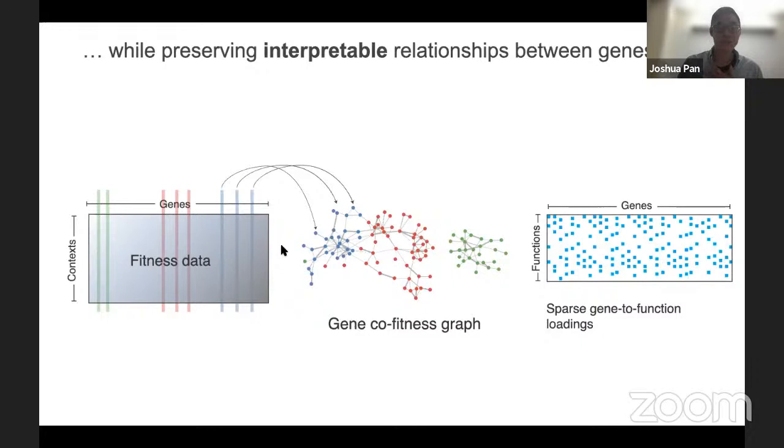So these columns naturally form a coessential graph, or a co-fitness graph, that has some structure to it. We want to be aware of that graph as we learn these gene-to-function relationships. Two genes, let's say in green, that are similar in the input data ought to map to similar functions in terms of their coefficients in the low dimensional model.